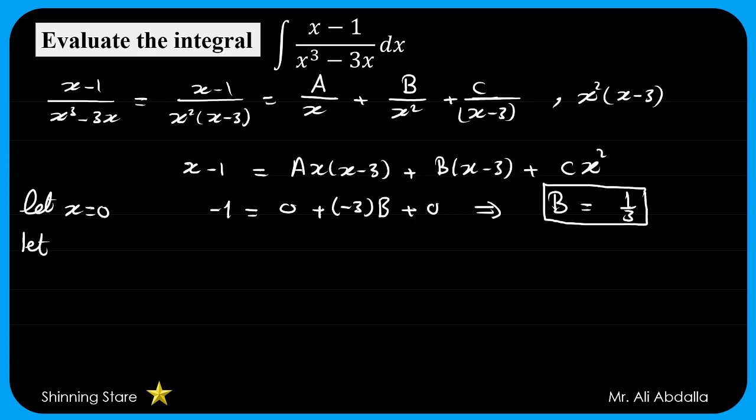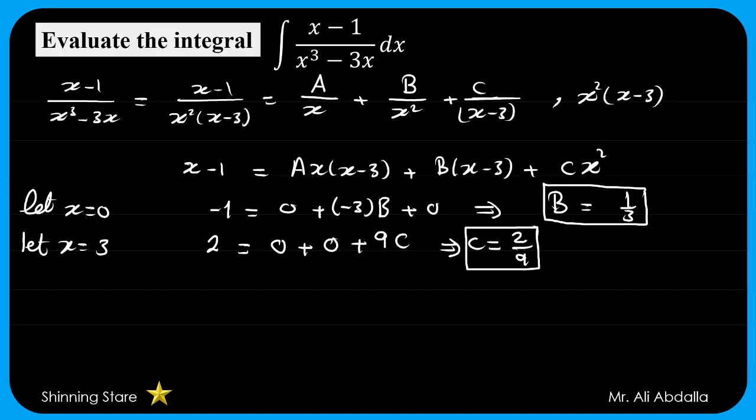Let x equal 3: 3 minus 1 equals 2, 0 times a equals 0, 0 times b equals 0, plus 3 to the power 2 equals 9c. Then we get c equal 2 over 9.